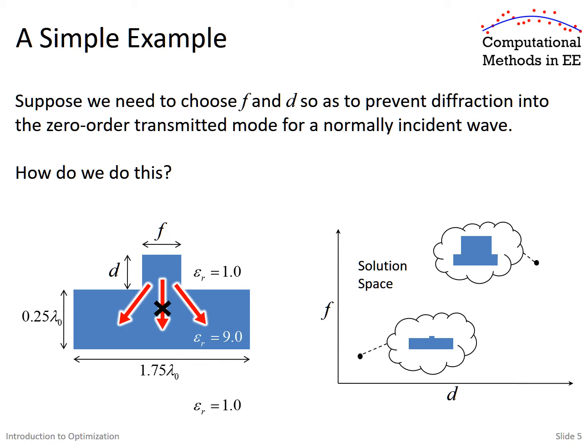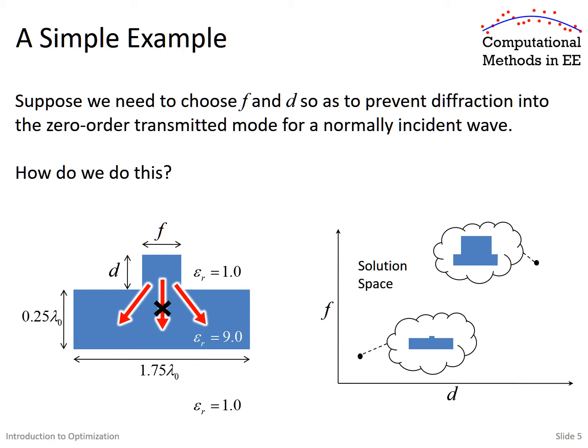So over on the right, we construct what we call the solution space. And so horizontally are all possible values of D, or the depth of the grating that we'd like to consider. And along the vertical axis are all the different possible values of F, or width of the tooth, that we'd like to consider. So in this 2D plane, every point represents a specific design.